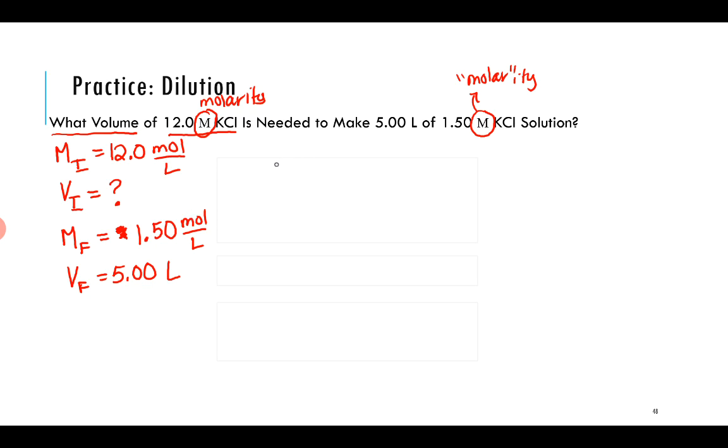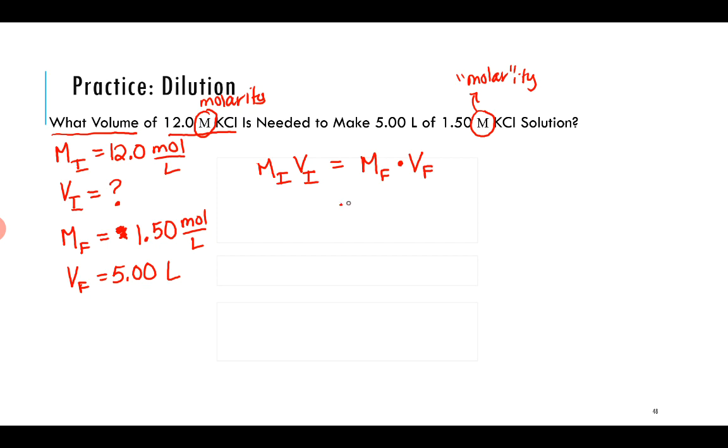And so I can start with my molarity dilution equation, M1V1 equals M2V2. I'm going to use initials and finals. That says that my initial molarity times my initial volume will be equal to my final molarity times my final volume, because I know that if I multiply molarity times volume, I'm going to be left with moles.